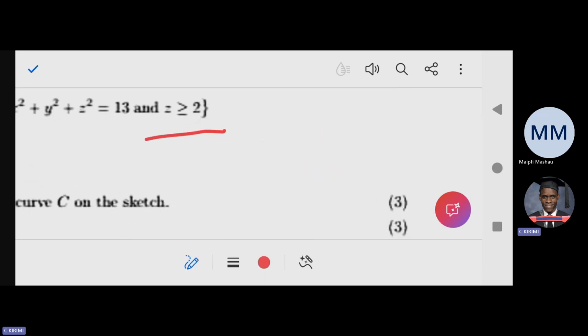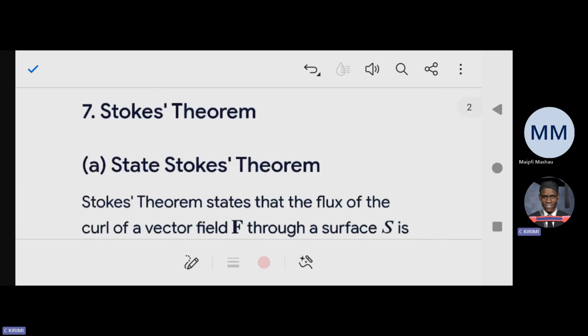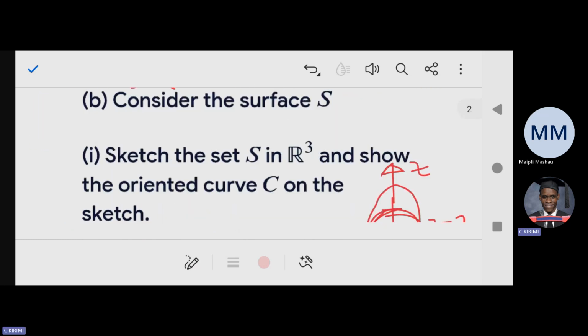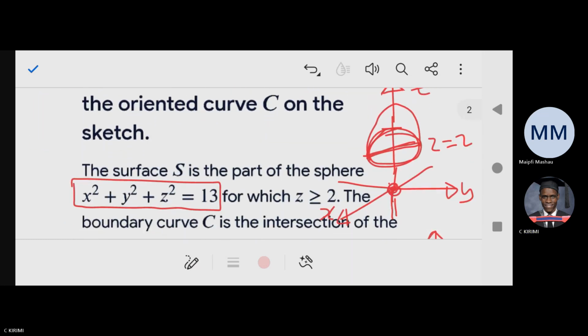For example, our sphere, which we have drawn here. If the force field is going up, then the curl will be anti-clockwise.